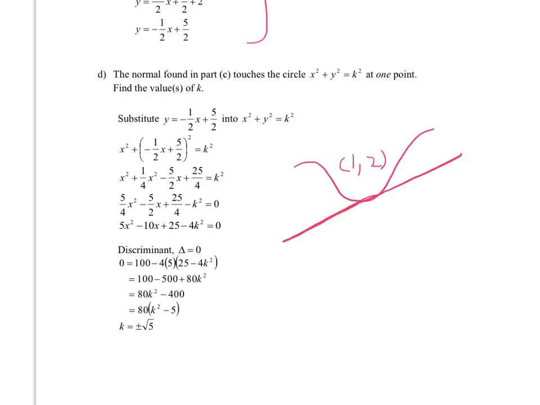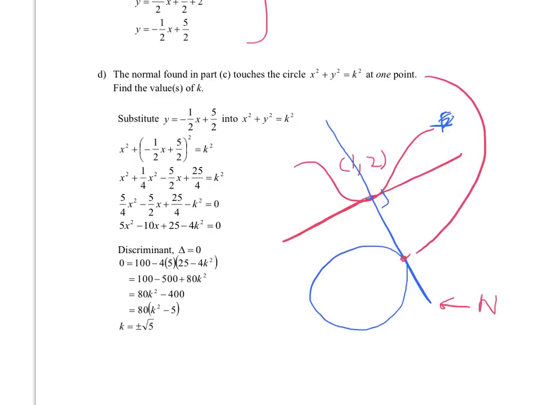And the normal is, of course, perpendicular to the tangent. So this was a graph of f(x), the function that we derived implicitly. Don't worry about that. What it's saying is that there's a circle right here somewhere, and this normal touches the circle right here. See it? At one point, that's the one point they're talking about.